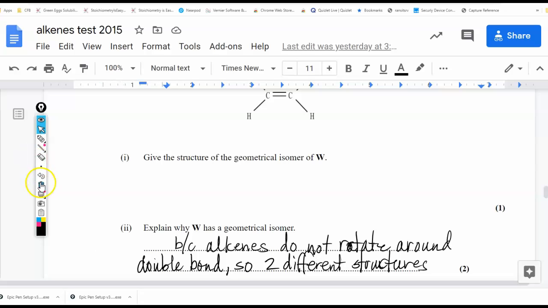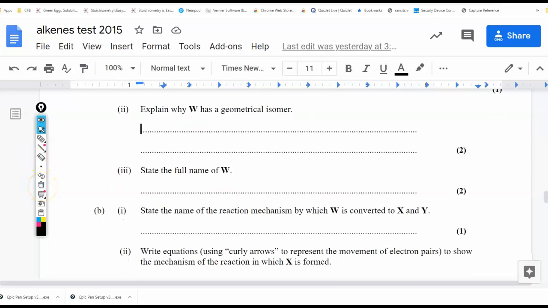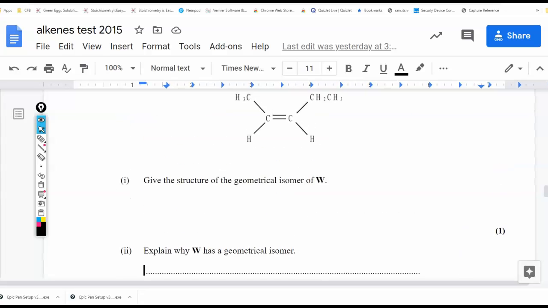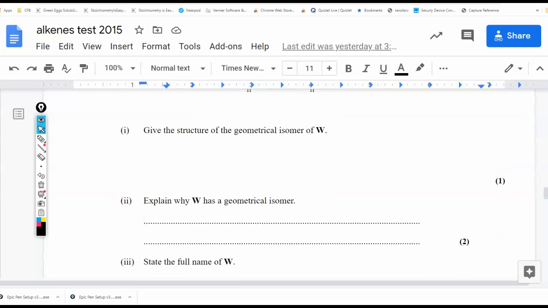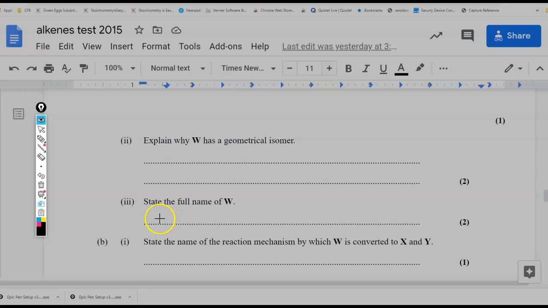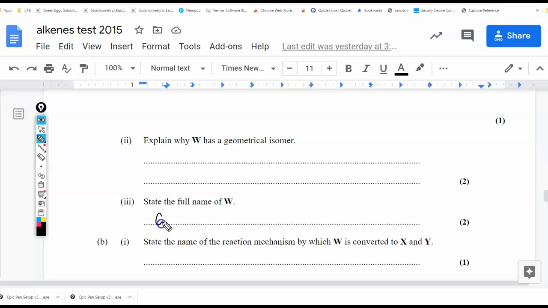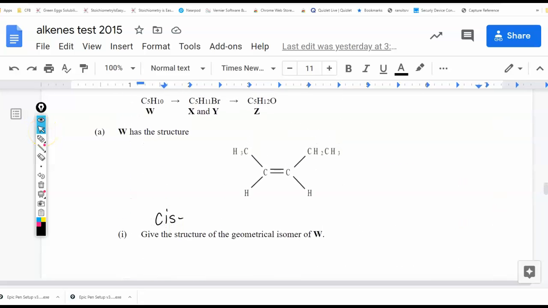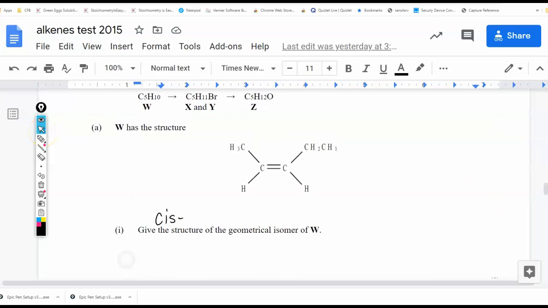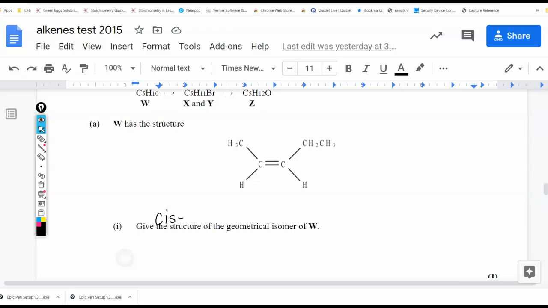All right, so then we go on. State the full name of W. So now we have to go back and name W, and we're going to name it using the cis part of things. So we have cis dash, and we want to be able to name this correctly. It doesn't have any extra things added to it.